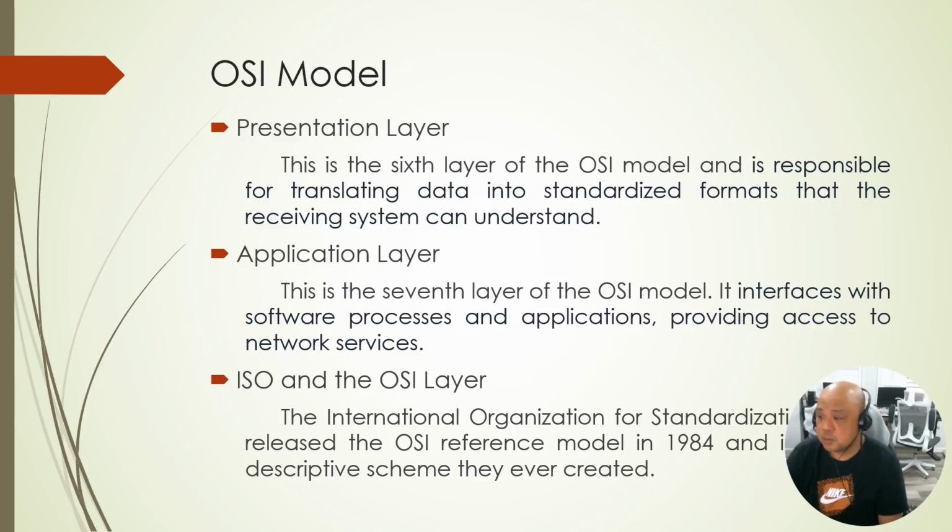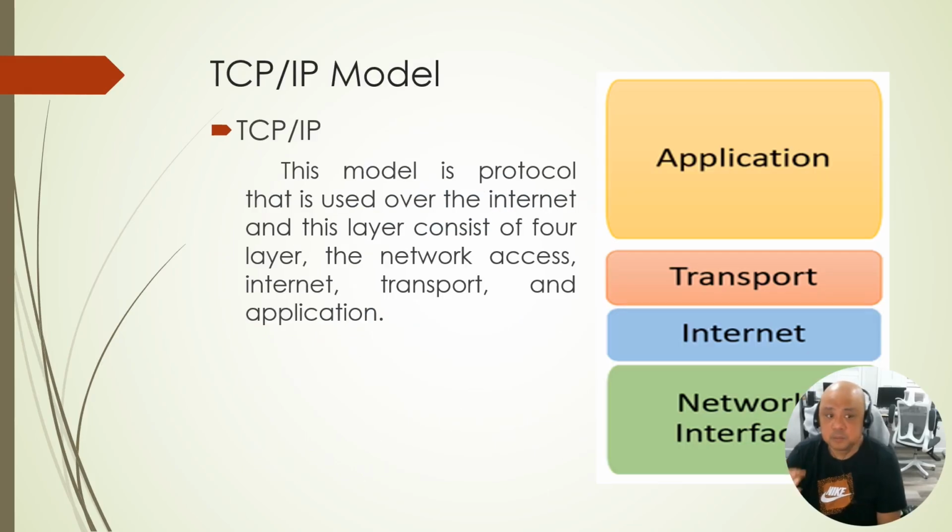The OSI model, or Open System Interconnection, is one of the standards developed by ISO, the International Organization for Standardization. It is a conceptual framework that defines how different networking protocols and devices should interact. The TCP/IP model is used over the internet and consists of 4 layers: the network access, internet, transport, and application.